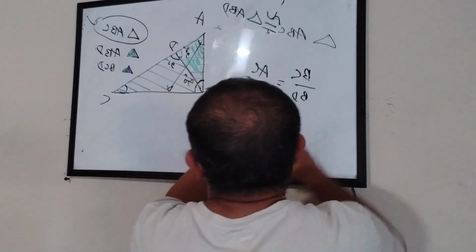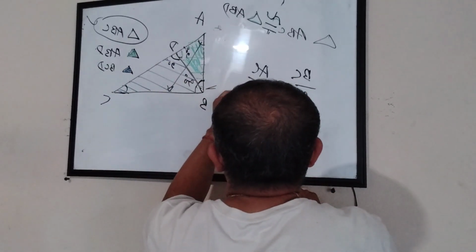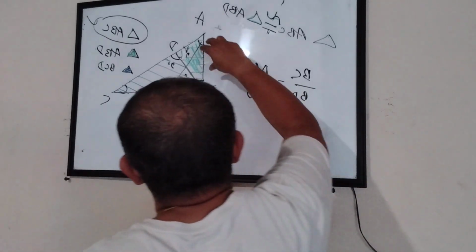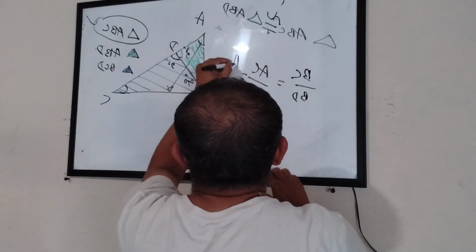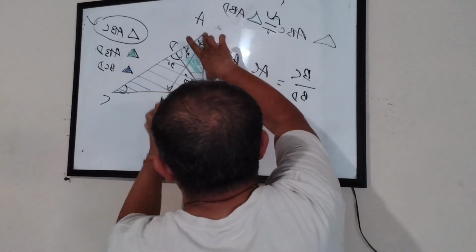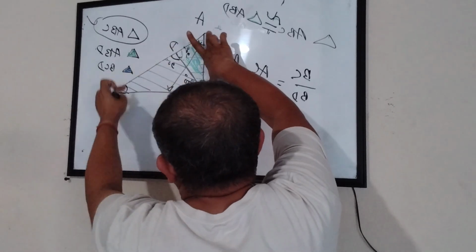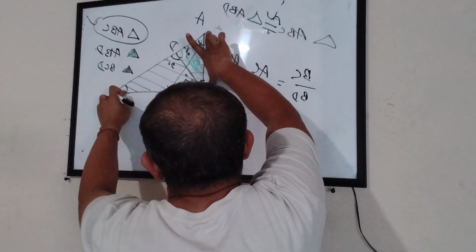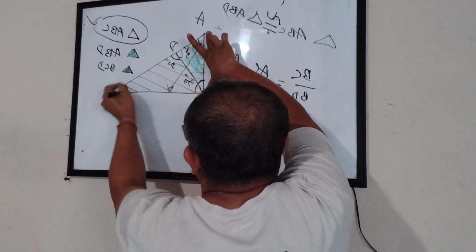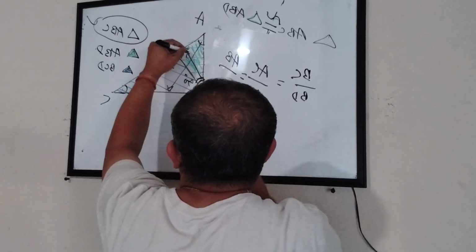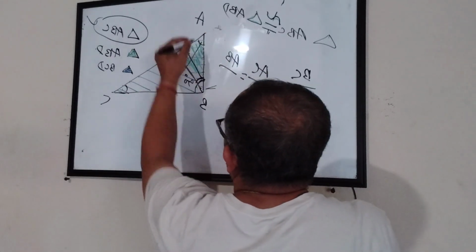This is AB. Let's take the third side, AB divided by, this is AB, the last triangle is the side opposite to this angle. Now this is this angle. This angle and this angle are matching. So AB by AD.